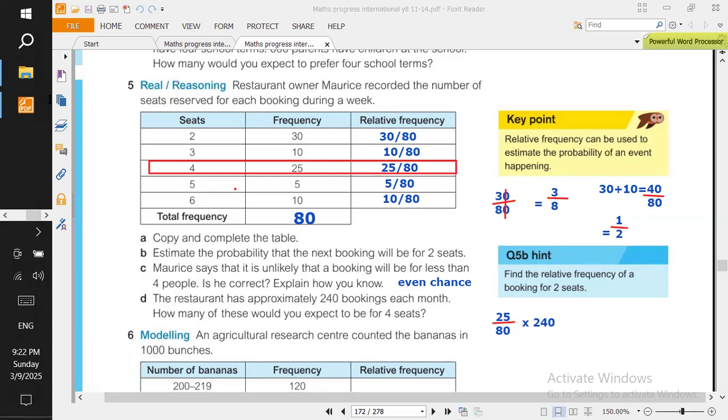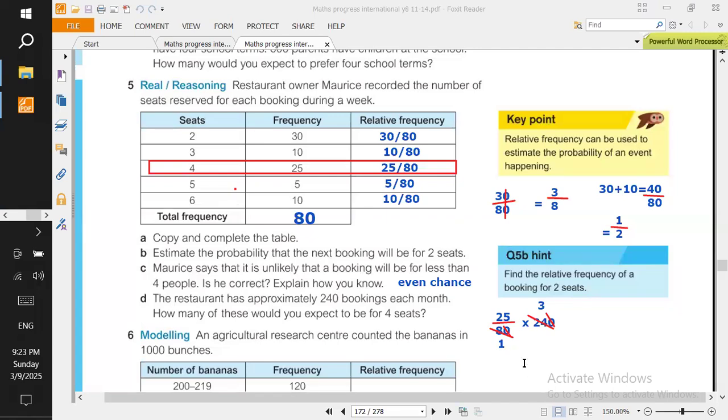First step, we can remove the zeros together, this 0 and this 0. Now we start simplifying by dividing. Divide 8 is going to give me 1, and divide 8 is going to give me 3. Let's write it here. When you divide 8, it's going to give you 1. Divide this by 8, it's going to give you 3, because 3 times 8 is 24.